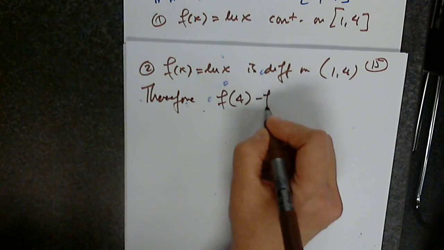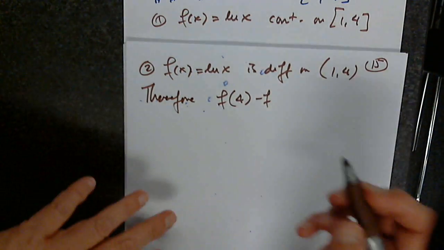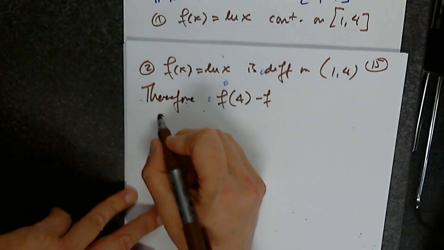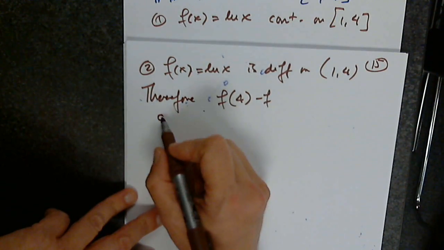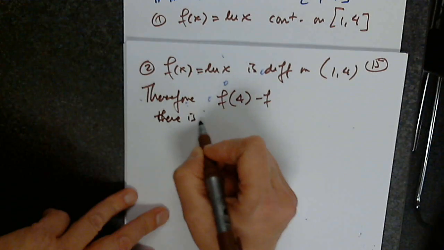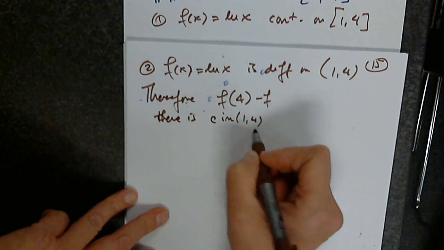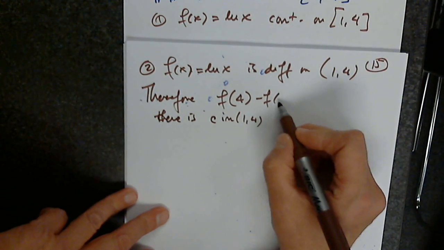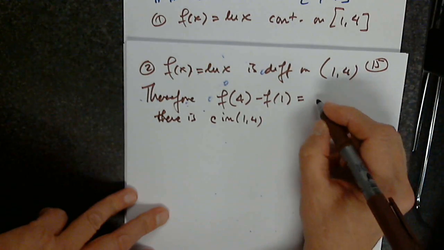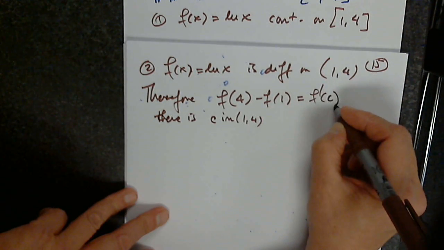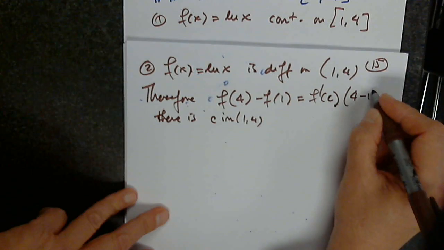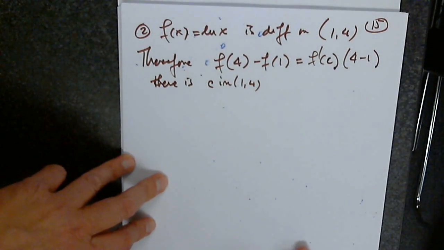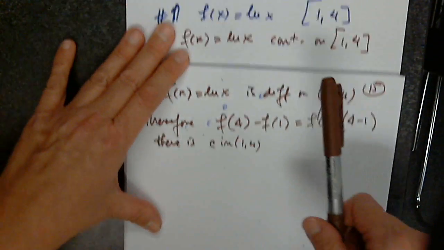I should say, there is c in the interval 1 comma 4 such that f of 4 minus f of 1 equals f prime of c times 4 minus 1. You can say I don't like this, but I like this.